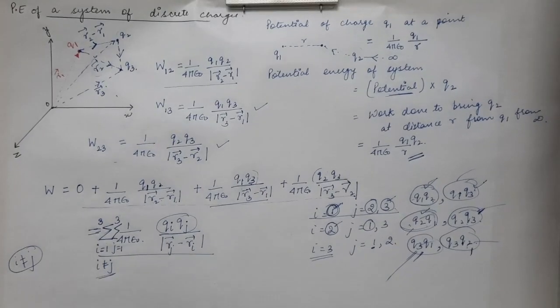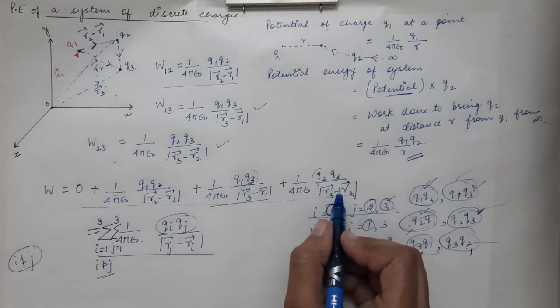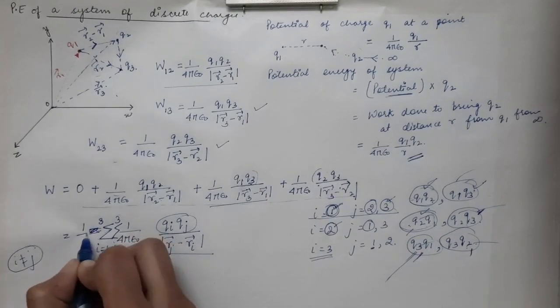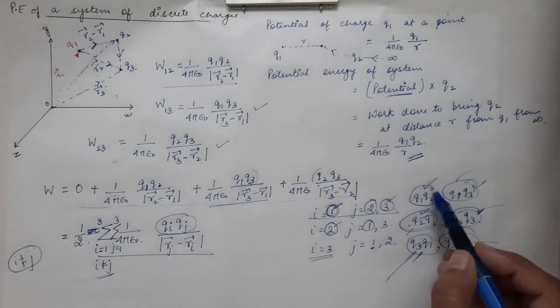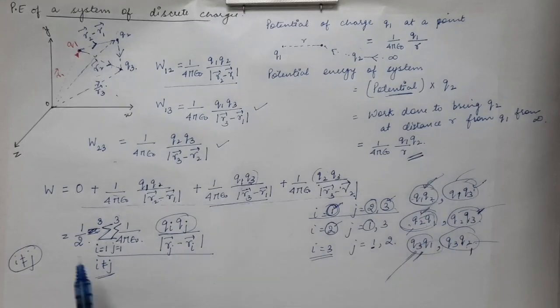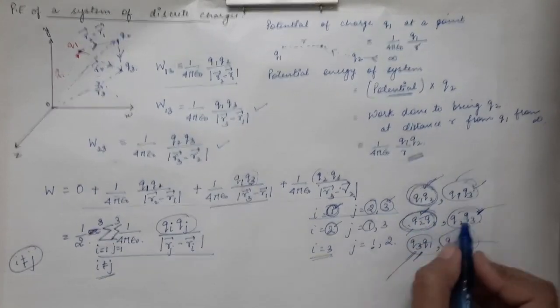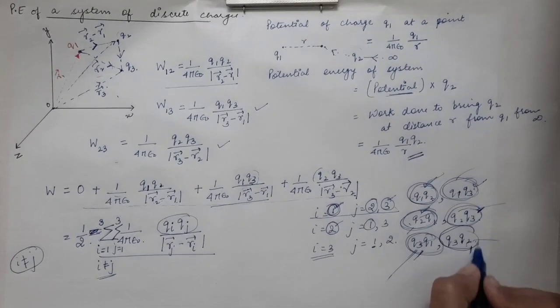When you open this whole expression, you will get 6 terms, but in actual what we need is just 3 terms. So the double terms will get cancelled because of this factor of 2, because this will be equal to this term, this will be equal to this term, and this will be equal to this term.